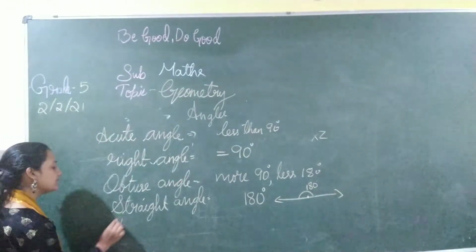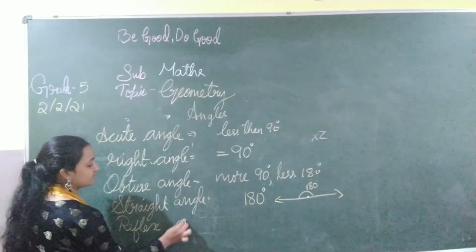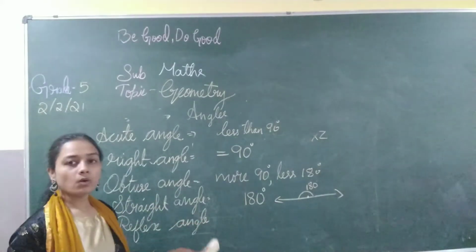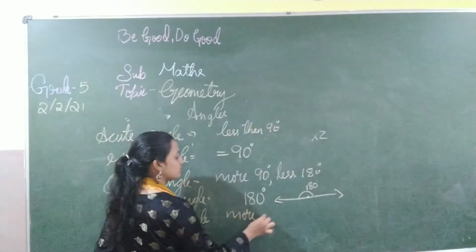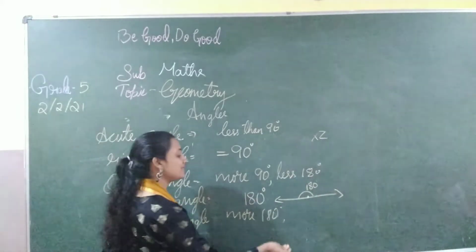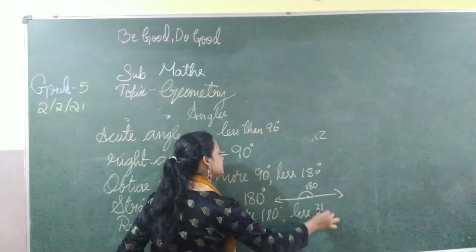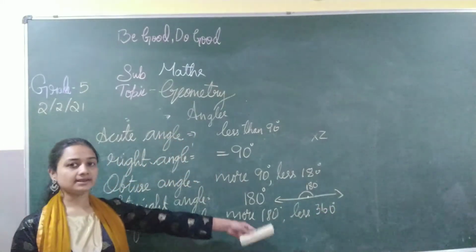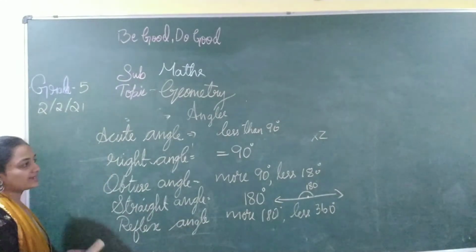The next one is reflex angle. Reflex angles are nothing but angles that should be more than 180, okay? More than 180 and the end point should be less than 360. If the angle measures more than 180 and less than 360, such type of angles are called reflex angle.